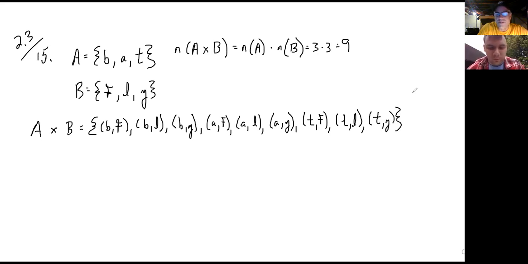Now, it also asks you to find, on this problem, incidentally, B cross A. Once you have A cross B, all you need to do is go in and transpose every ordered pair. Simply, again, the first component comes out of this set and the second component comes out of that set.